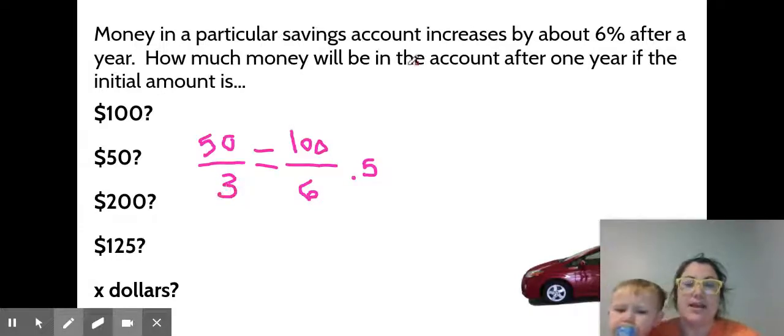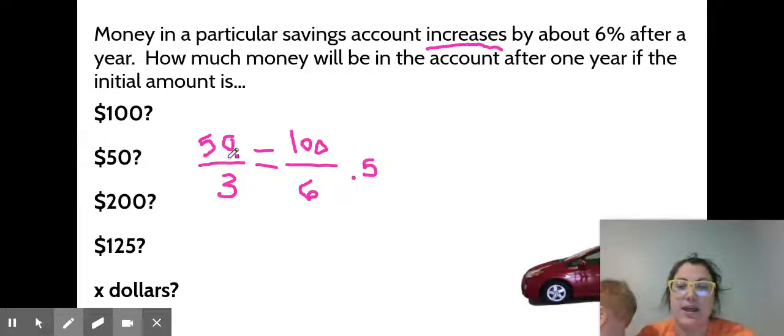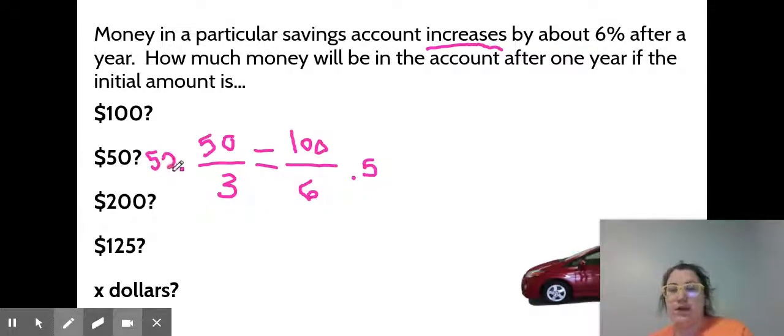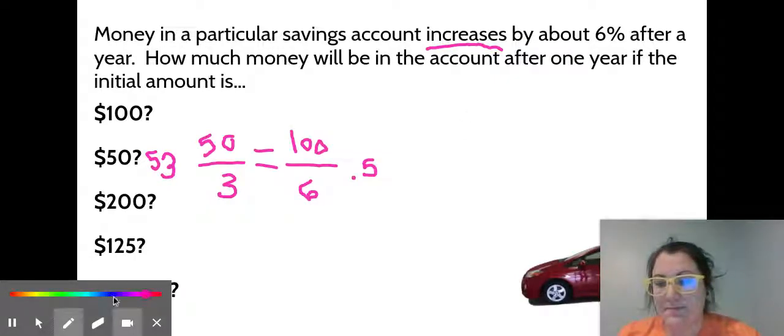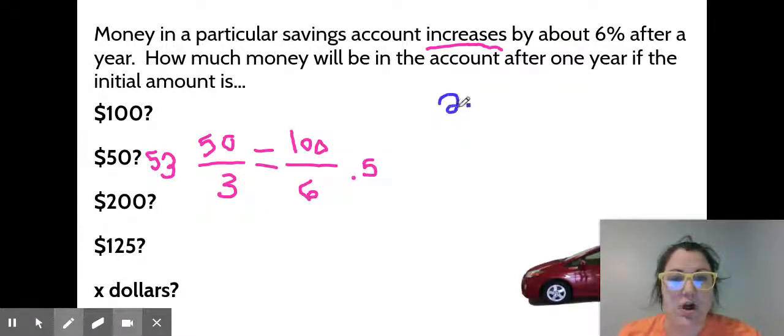The key here is remember it's an increase, so we're raising the amount. So 50 plus 3, your total new amount is going to be $53. Okay, let's go ahead and do it with 200. So we're starting with $200 in my account.